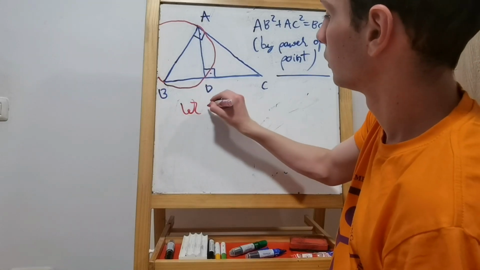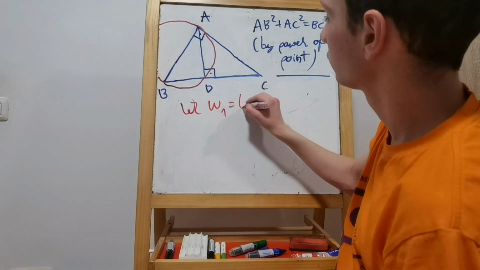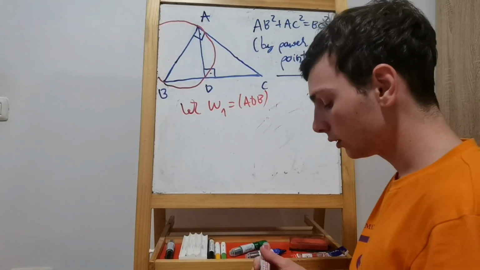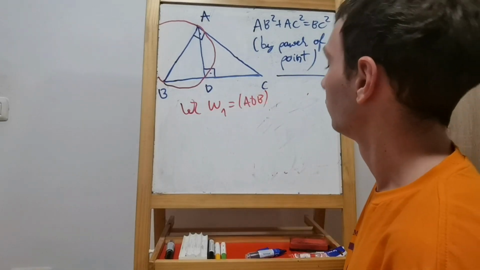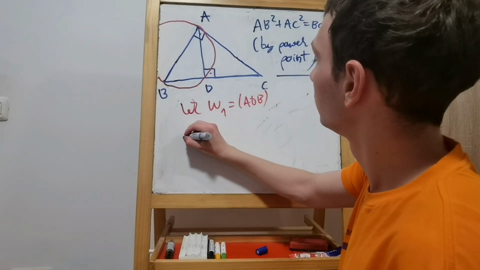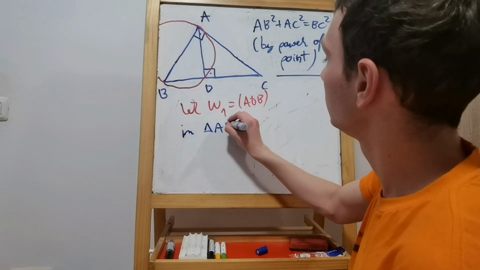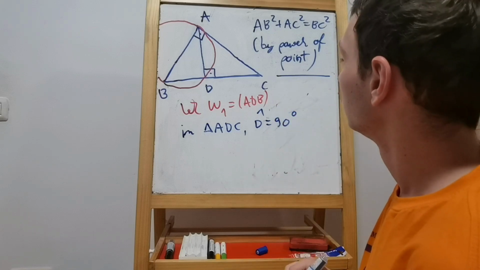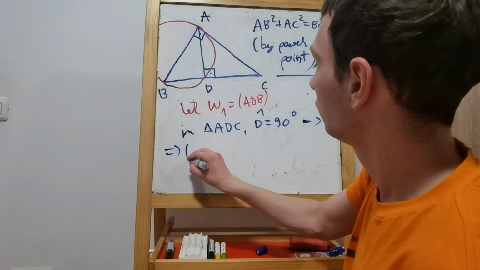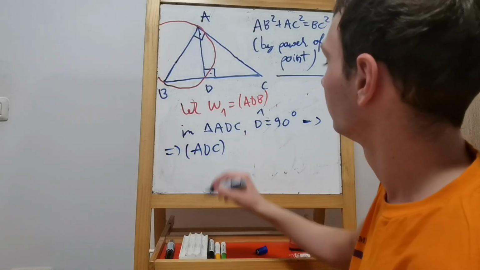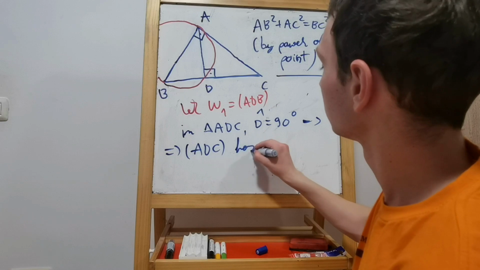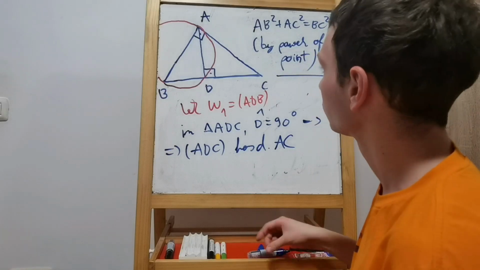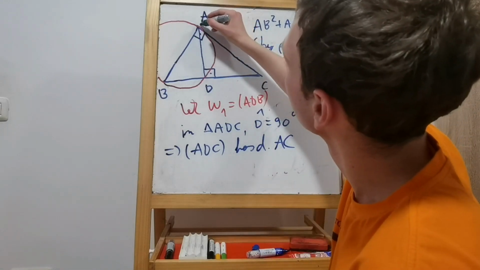I will say that omega 1 is this circle ADB, and for the very same reason, namely that in triangle ADC we have D with a measure of 90 degrees, we have that the circle ADC has diameter AC, and we also construct the second circle.